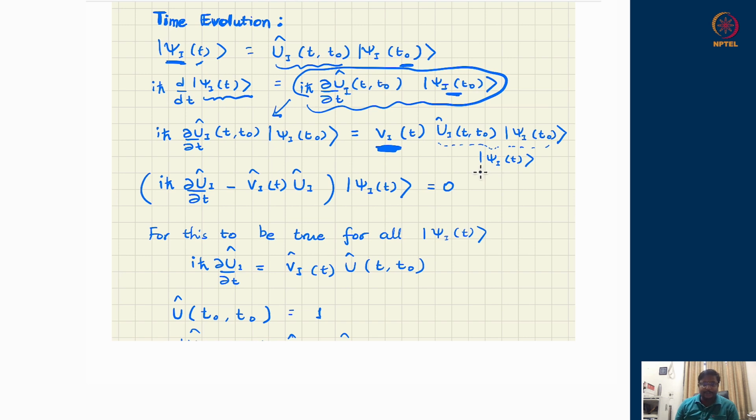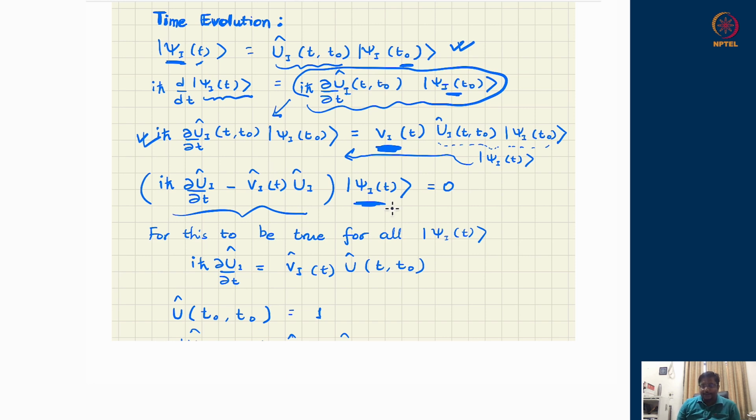All right. So I bring the right hand side into the left in order to write it neatly as iħ times the time derivative of the unitary minus the interaction Hamiltonian V_I times the unitary. They should together act on psi_I and annihilate it. That means this operator acting on psi_I should be 0. This comes from writing psi_I as the unitary times psi_I at the initial time.